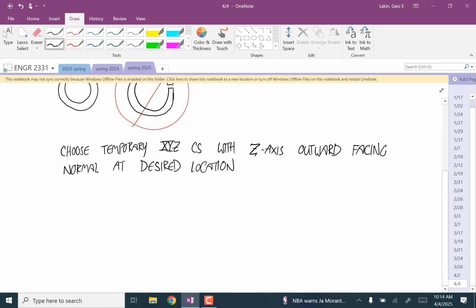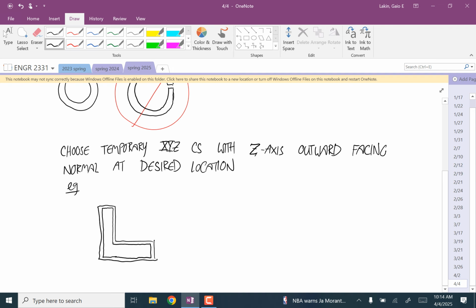Okay, so for example, if you have a weird shape like this, and by the way, marvel at how amazing it is that we can calculate any kind of meaningful stresses in a wacky cross-sectional shape like that.